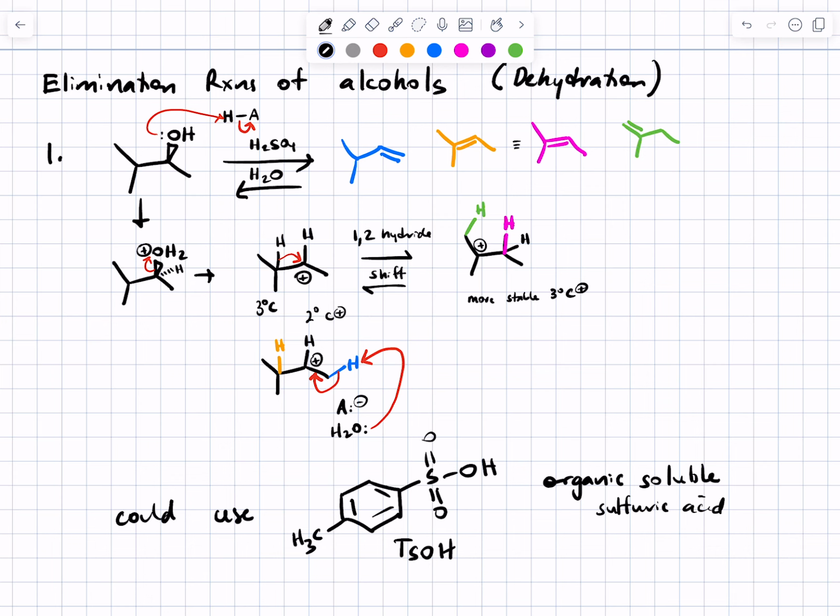Notice that the leaving group, the thing that left, was water. And if indeed this is an equilibrium process and you want to drive it forward, one of the things you can do is remove water from the equilibrium to use Le Chatelier's principle to push this reaction forward.